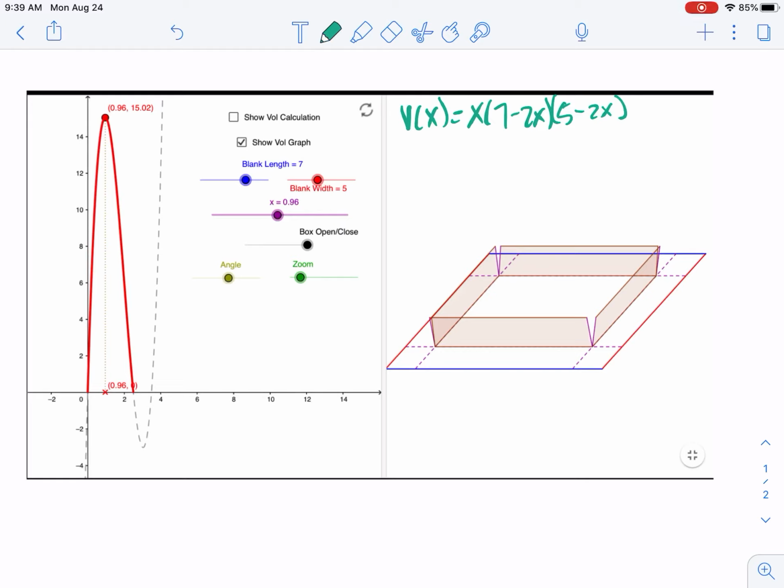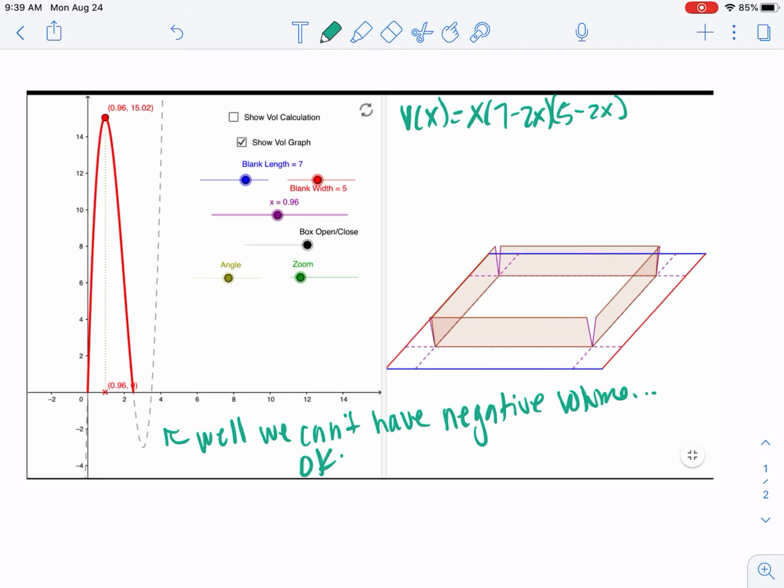And it's because we have this down here. Now, we just said that the y-axis is equal to the volume. And I think most people go, well, we can't have negative volume. And I say, okay to that, but why?